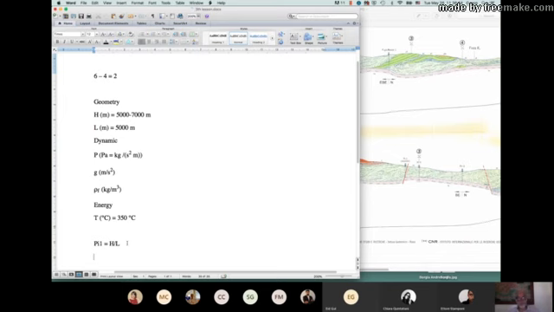First, you write H over L, it is always there. The main ratio between main dimensions of the system. So let's try to write the pi 2. What will you suggest?